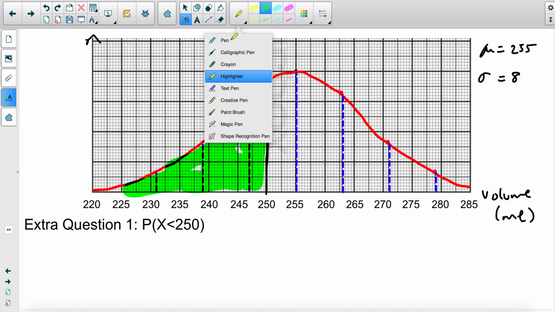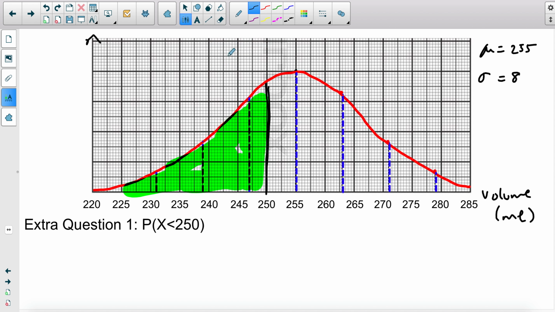And here's where you use your graphic display calculator, your GDC. And it's much easier to solve these questions using the GDC as well once you've learned to use them. So for this question, you're going to press second and then go to var, and because you press second, you're not going to variables.